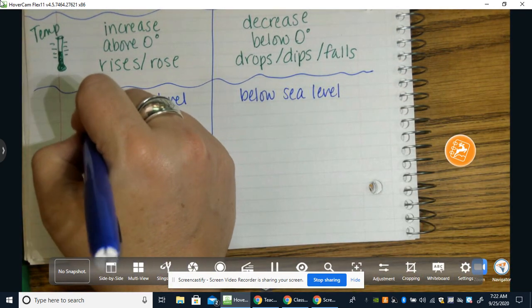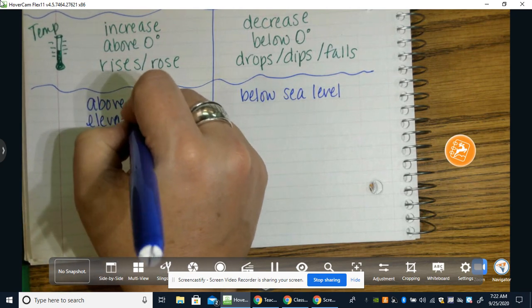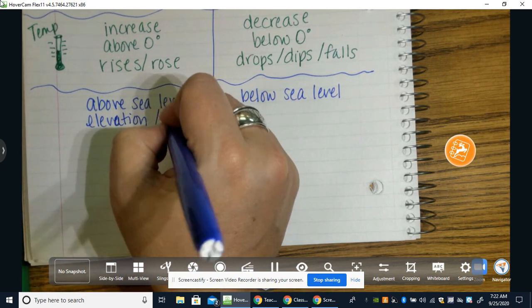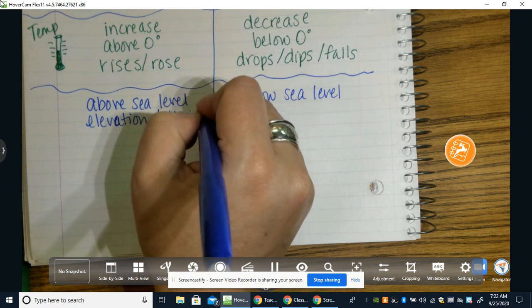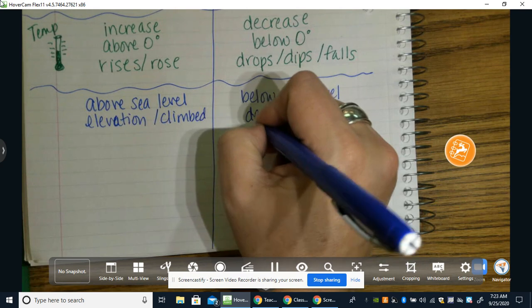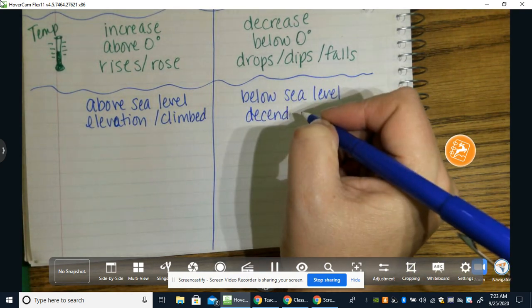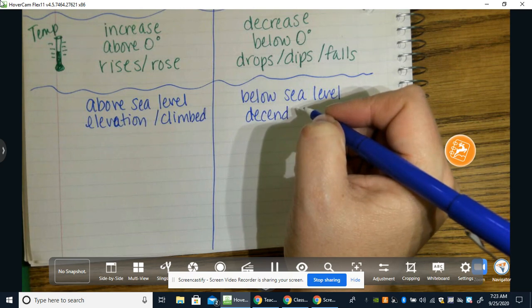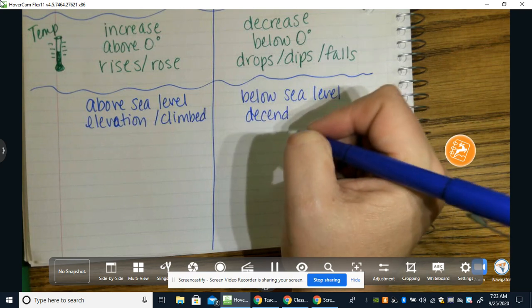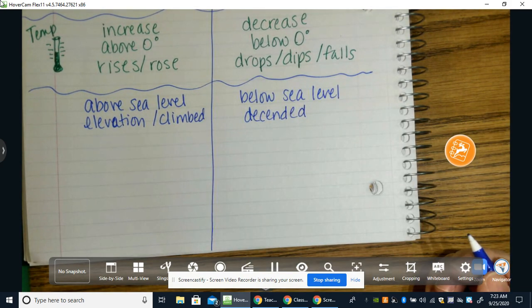We're talking about something's elevation or something climbed. Someone climbed up the mountain. It's a positive integer in most cases. If they descend, if the rock climber descended down the wall or down the mountain, down the cliff, that would be a negative integer.